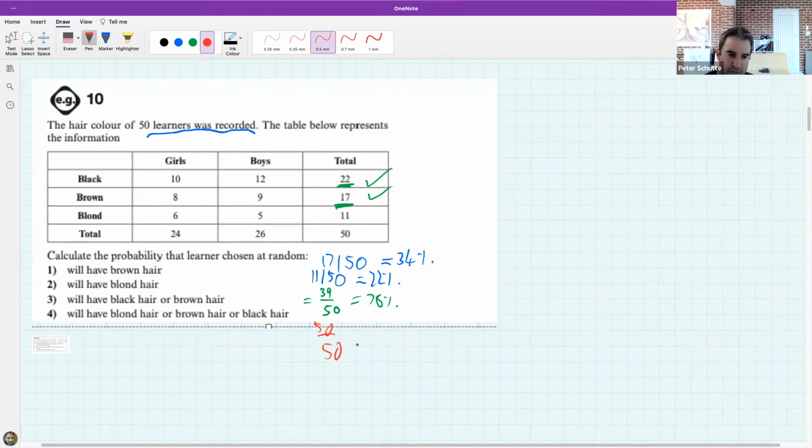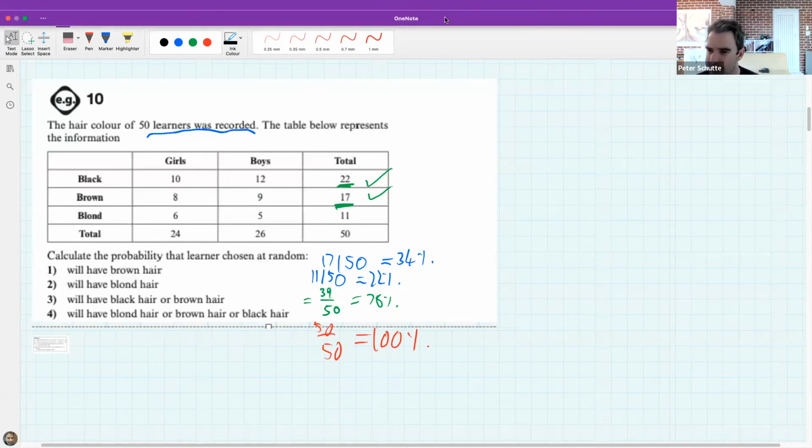Yep, 50 over 50, or a 100% chance, because the only hair types are black, brown, or blonde. So if any of those comes up, there's a 100% chance that you will get that hair color. So that makes a lot of sense, right? It's not very likely you'll get a blonde-haired person by himself, but it's very likely you'll get either a black-haired, brown-haired, or blonde-haired person.